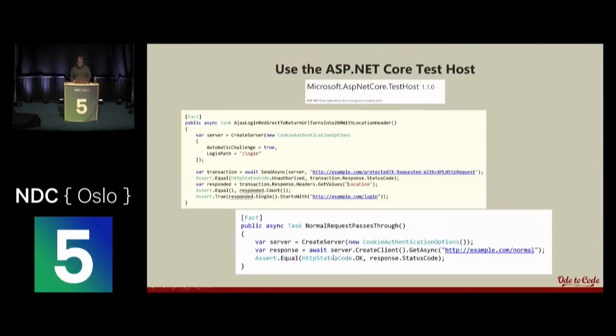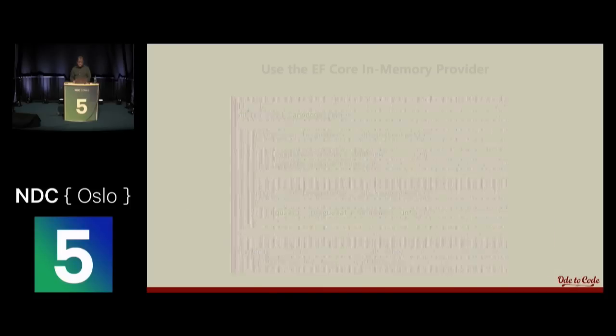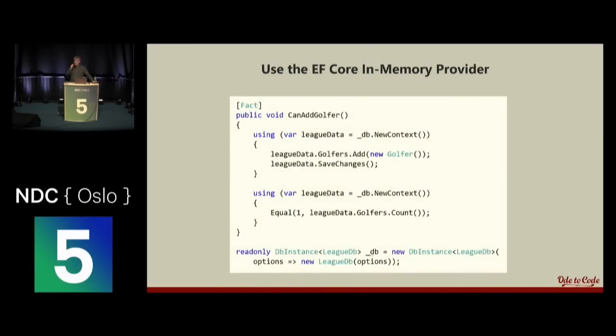To me, that was very interesting, particularly combined with the fact that with HTTP clients, it's relatively easy to use delegating handlers or message handlers, or basically to have an in-memory HTTP client. And if you're using Entity Framework Core has an in-memory provider.